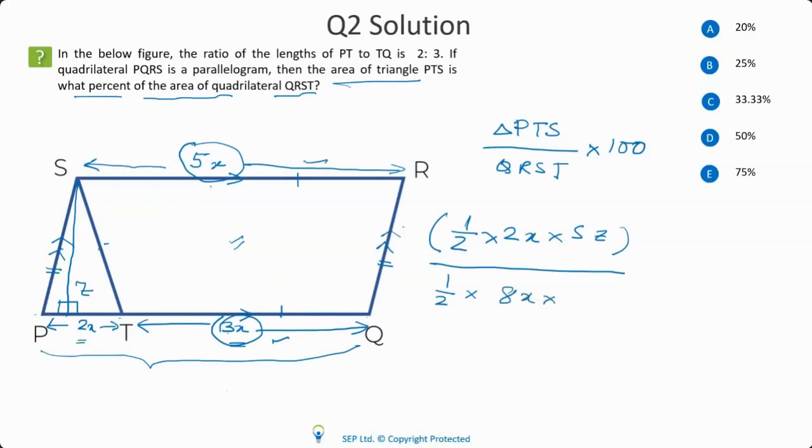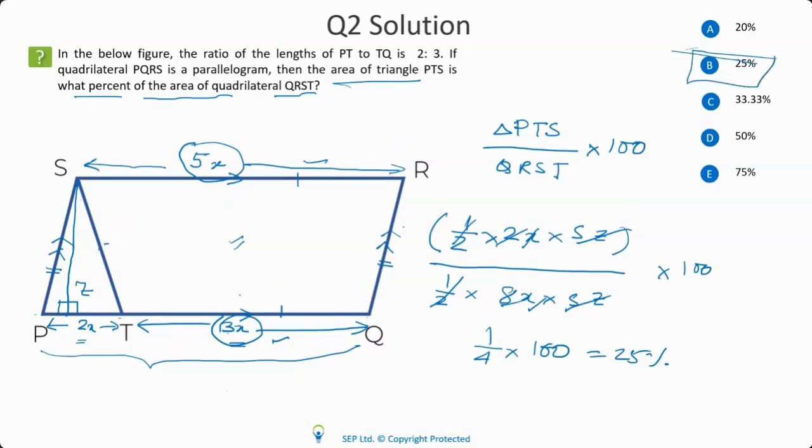And I told you between parallel lines, the perpendicular distance is always the same. So you'll write it as SZ. And since you're looking for a percentage, you'll multiply it by 100. So notice half getting cancelled out, SZ being cancelled out. You're left with 1 by 4 here times 100, which is 25%.